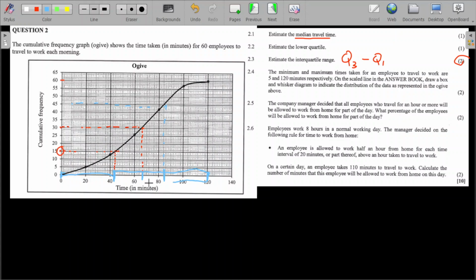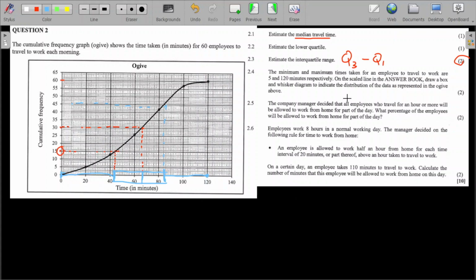Sorry, that is not supposed to be like that. That's my box and whisker diagram. This one is not supposed to be like this, it's supposed to be just here and like this. This is the box and whisker that they want based on the ogive. That's how it is there.